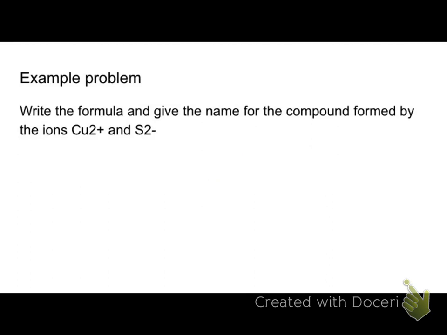Then, if we want to figure out what this should look like, we simply put them next to each other with their charges. I wish it was easier to write on this. There we go. And then we cross over the charges to be the subscripts.